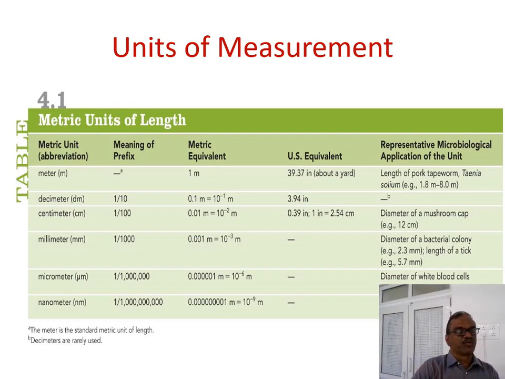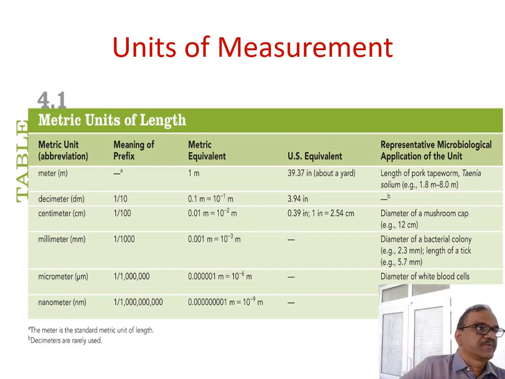Micrometer is 1 followed by 6 zeros, so 1 in 1 million. If there is a million, there should be an equivalent, 1 in 1 billion, which we call nano.